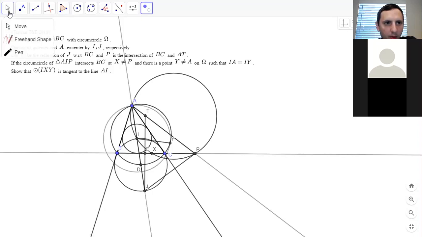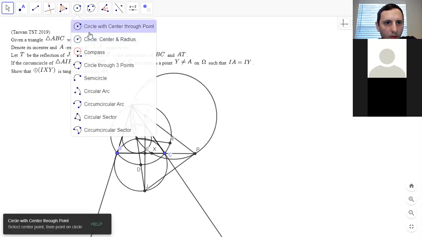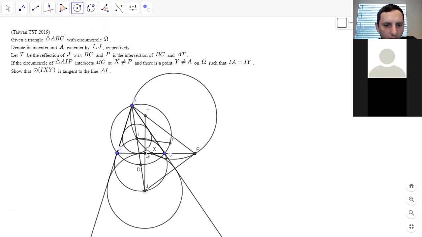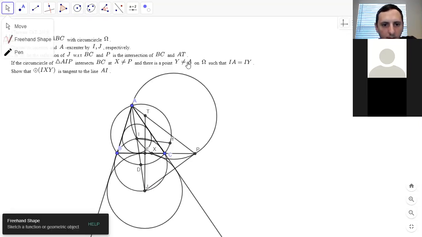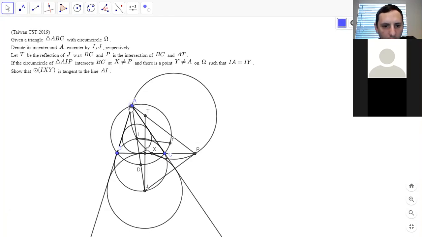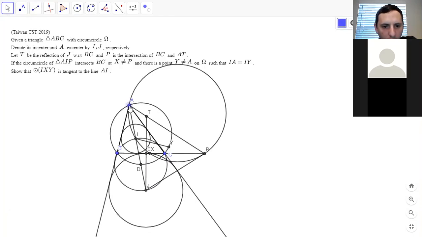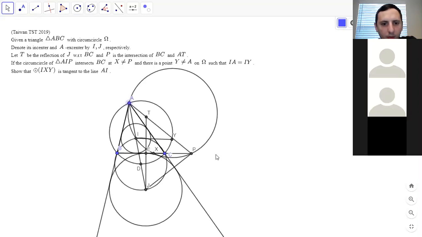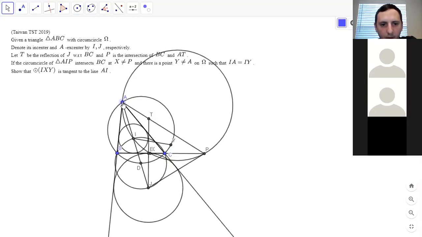There we go. Oh, maybe are these three concurrent right here? I'm not sure. No. I wonder if those circles are, no, they're not tangent.